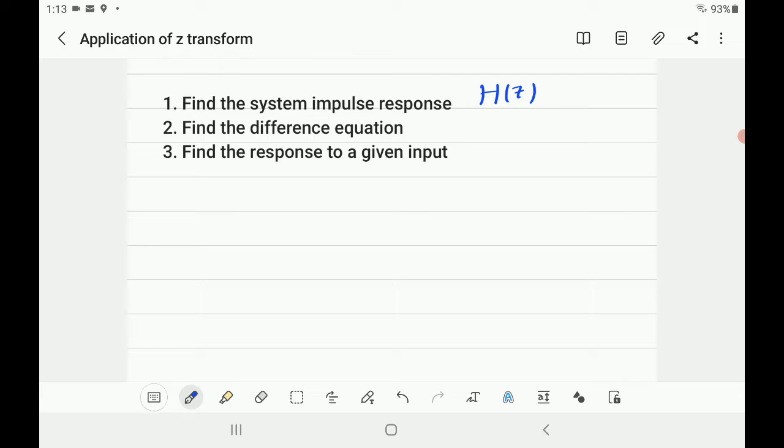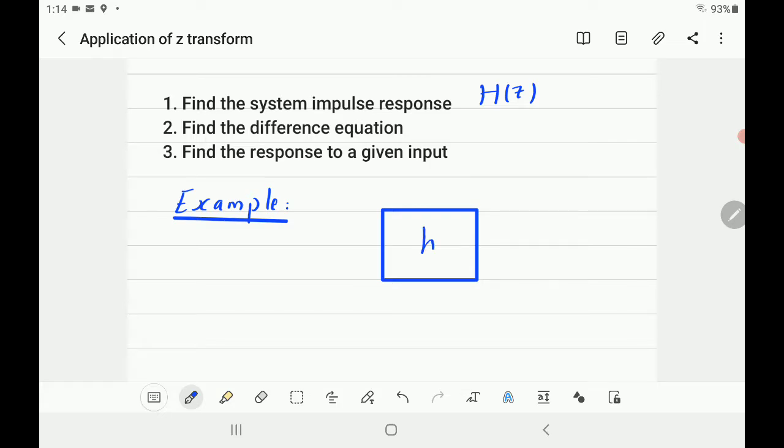Let's explain this concept using one numerical example. In this example, let's assume that we have a linear time invariant system that has impulse response h of n, and the input is x of n, and the output is y of n.